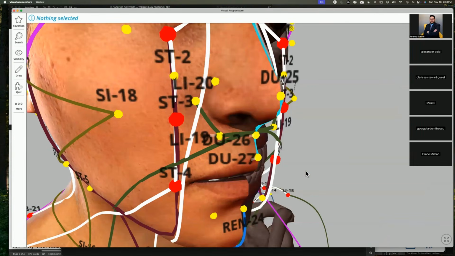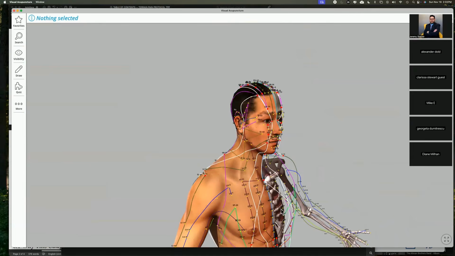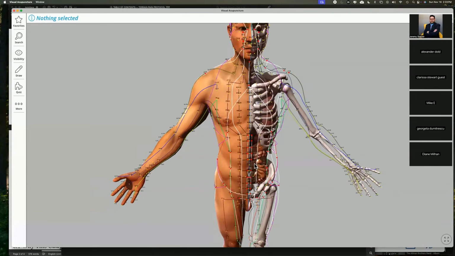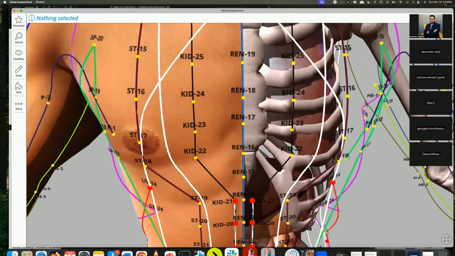Now, a little caveat, all the channels are labeled correctly except the Ren channel, which flows downward. So this is depicting flowing upward, right? From lower numbers to higher numbers, but the Ren channel actually flows downward.